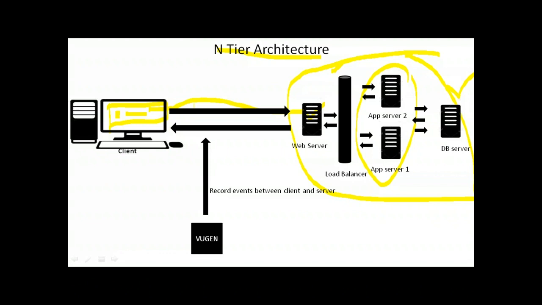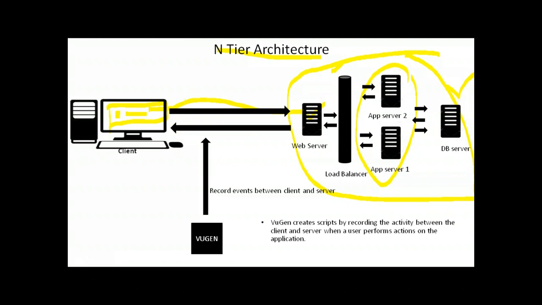It is not capturing the events on the screen level. For some protocols it does, like SAP GUI protocol and Ajax True Client, where it captures from the screen. But typically for our web HTTP HTML protocol, the events will be recorded on the socket level or the network level. It looks into the network to see how the request is going and the response is coming back, and it captures those events.